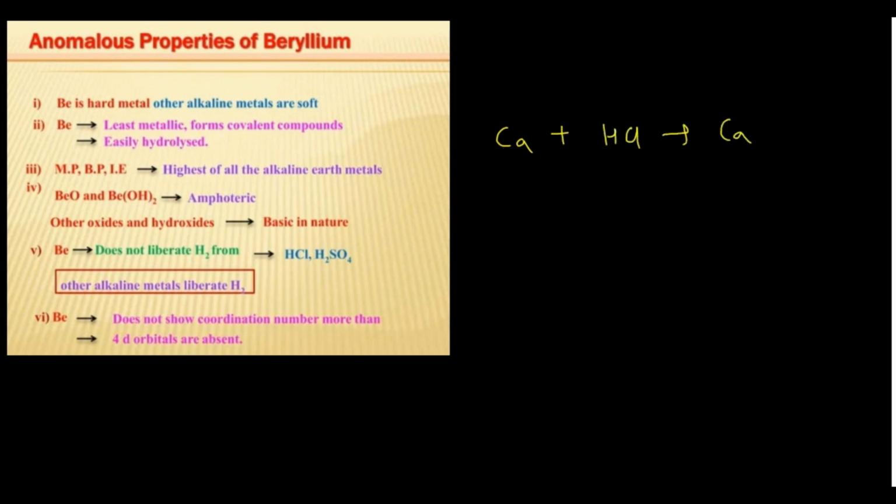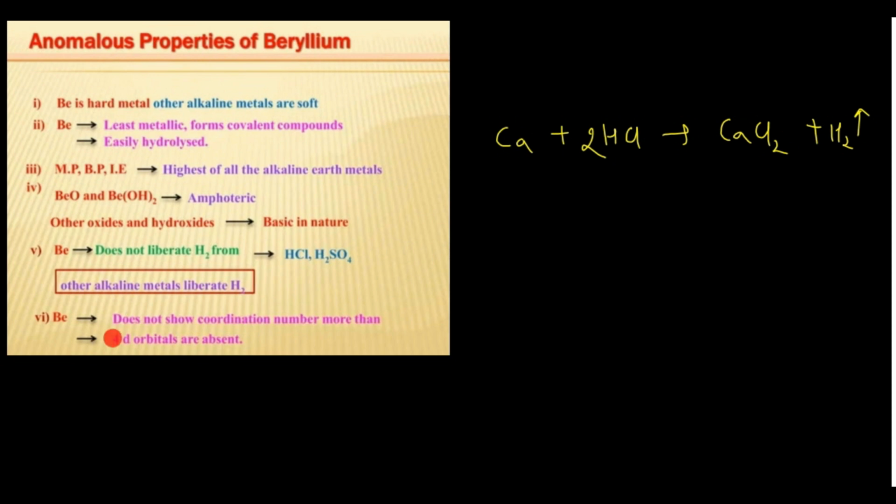You will have calcium chloride along with hydrogen. So it can liberate hydrogen. Okay, so if you want to balance this reaction, you can take 2 moles of HCl. However, this reaction is not possible when you do the same reaction with beryllium. Okay, and beryllium does not show a coordination number more than 4, right?